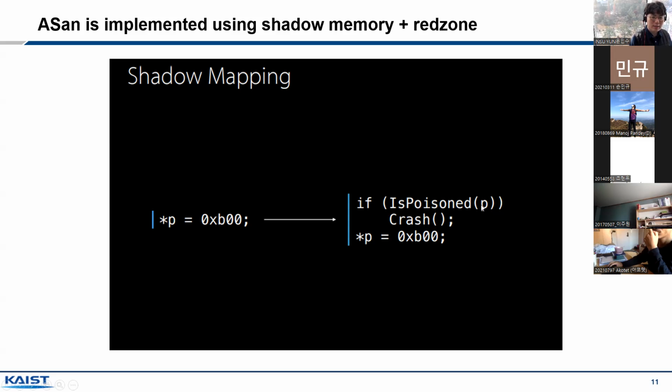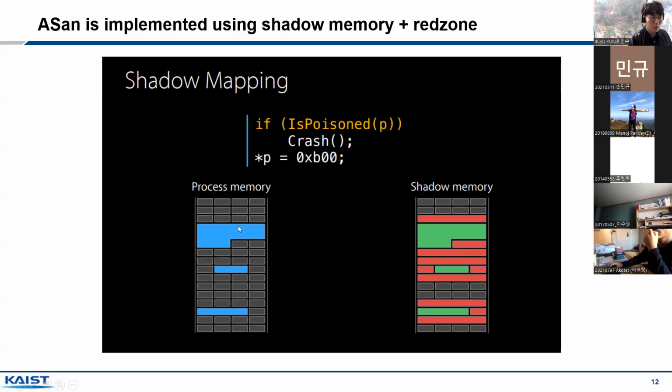It checks whether this P touched the poison memory, is poison. In other words, it checks whether it touches the red zone. If it touches the region, it crashes your program and it gives some detailed information about the error. Otherwise, it works as intended.